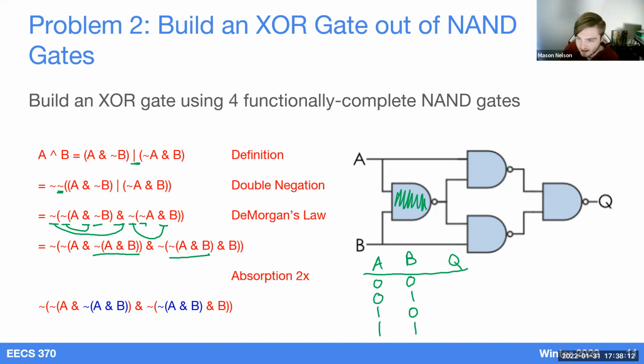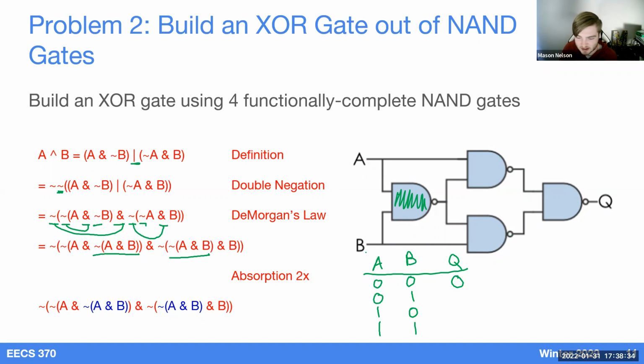So when we have a NAND, anytime one of the inputs is a 0, our output will be a 1. So if we feed the A through this NAND gate, it'll be a 1. If we feed a 0 through this NAND gate, it'll be a 1. And so 1 NAND 1 is 0. So here it would be a 0. Now let's look at this here.